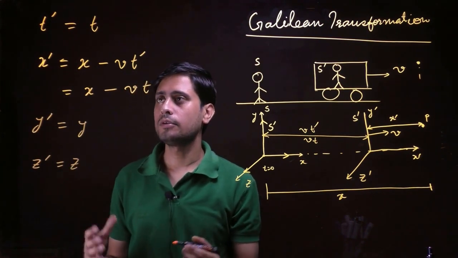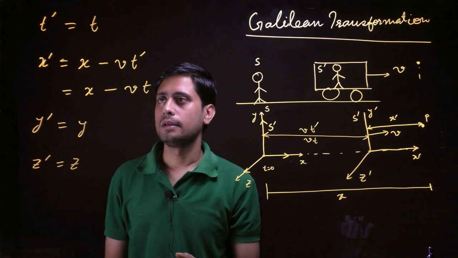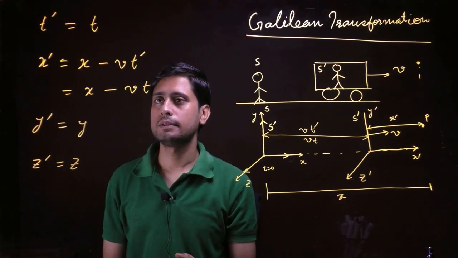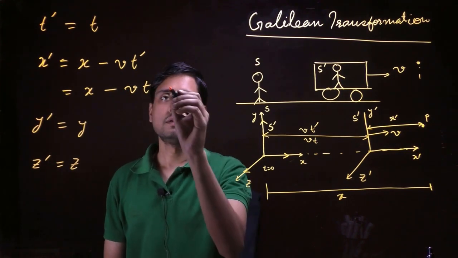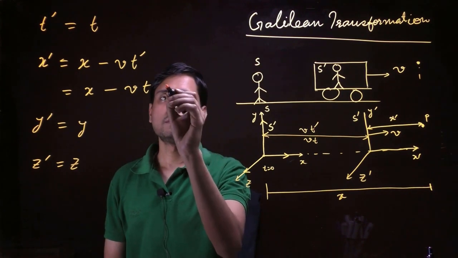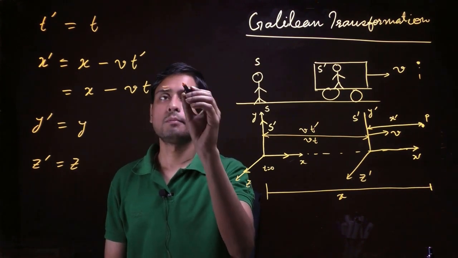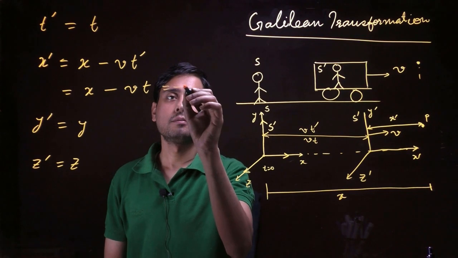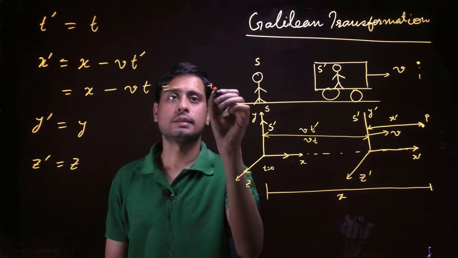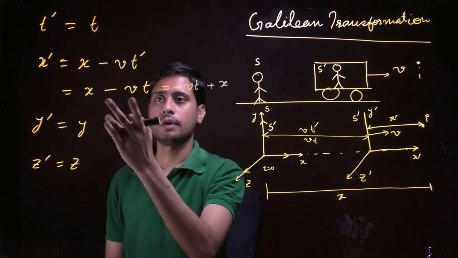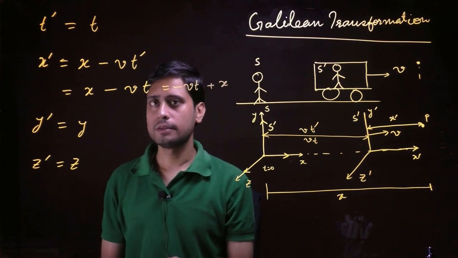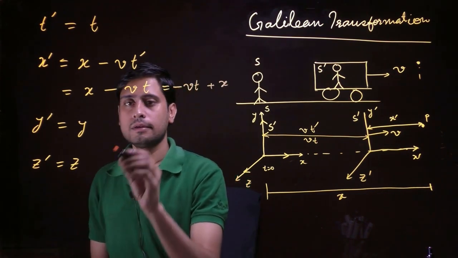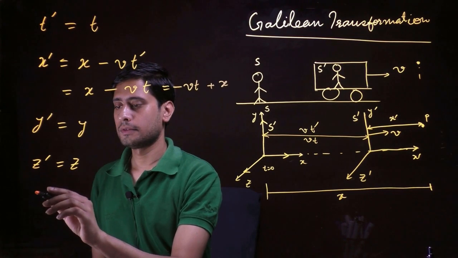Now if we want to write these equations in matrix notation, then it's very easy. First you will have to write it in a simpler manner, like minus Vt plus x. I have just swapped these two terms. Now it's very easy to write it in matrix notation.